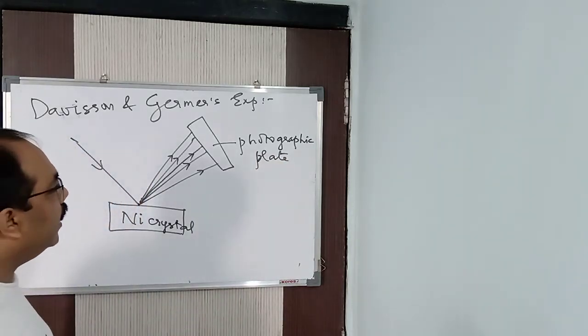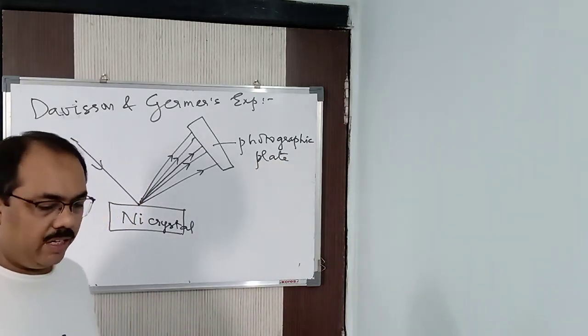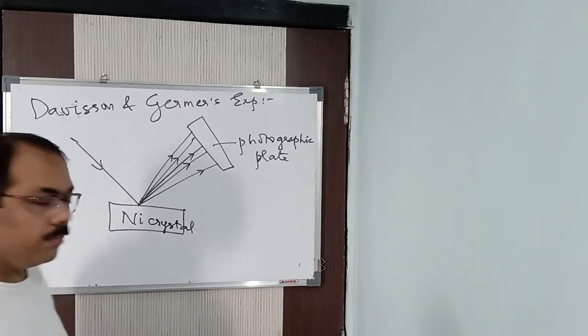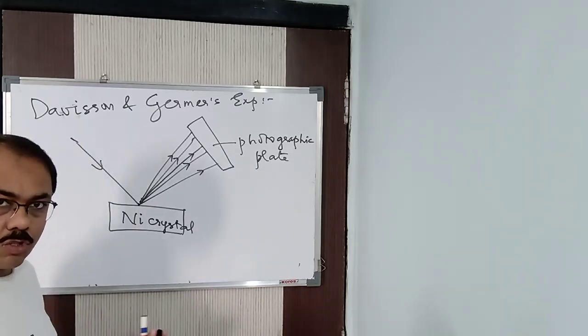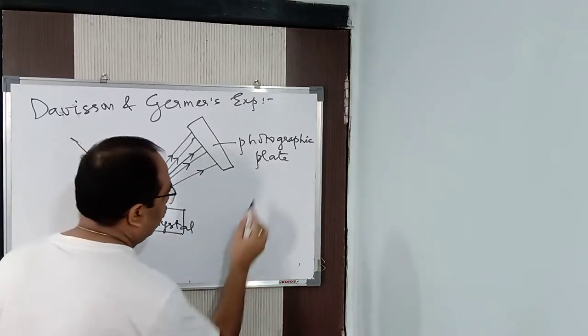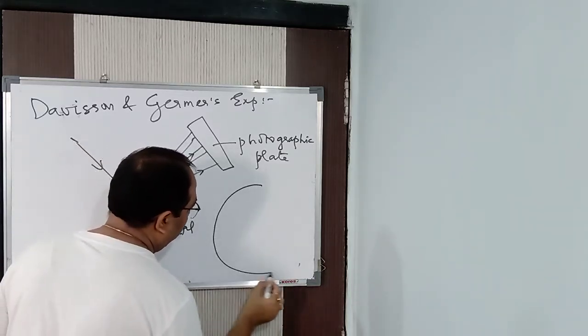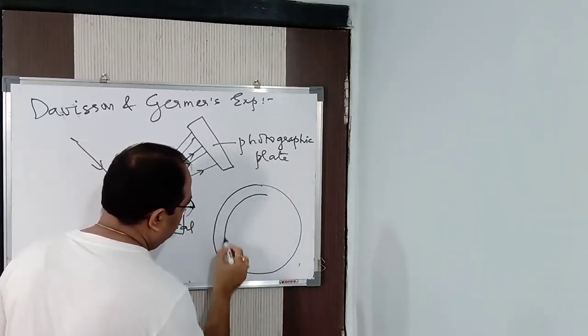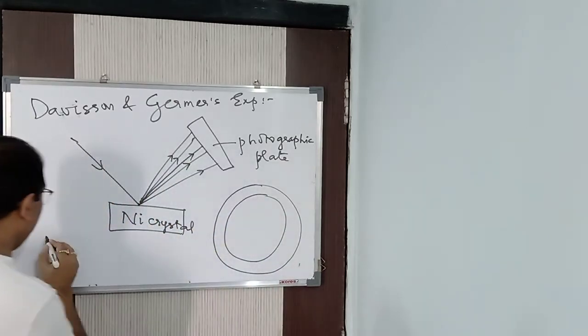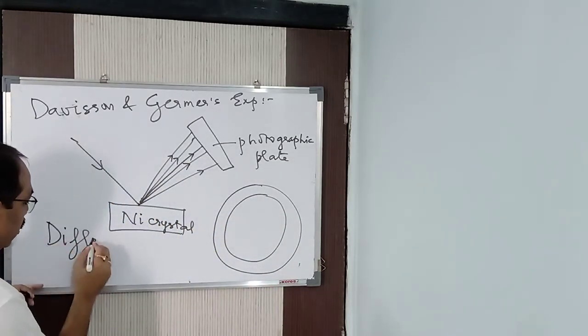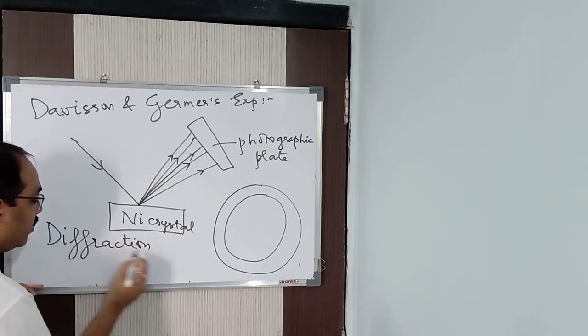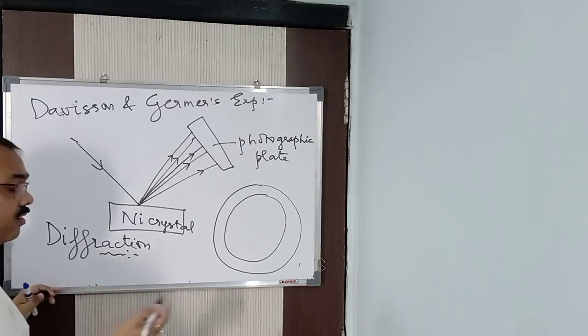Now, when he collected it on a photographic plate and observed it under a microscope, listen carefully, he got a diffraction pattern of rings. Diffraction. This word you will be getting in physics. Diffraction, interference, you will study in the light chapter.